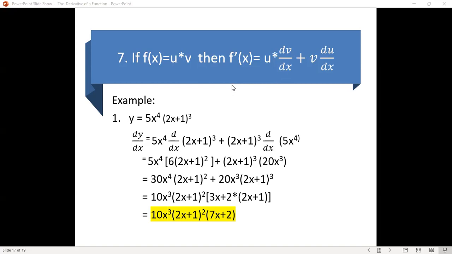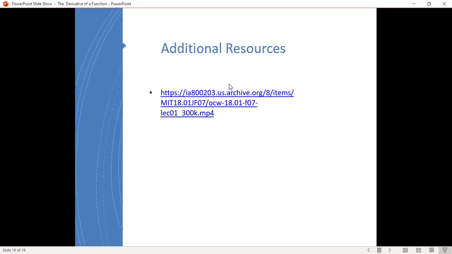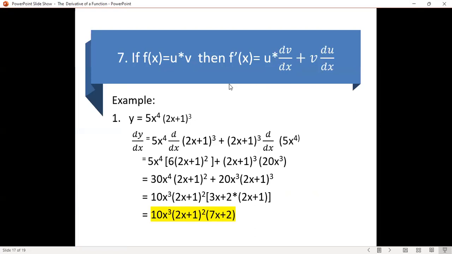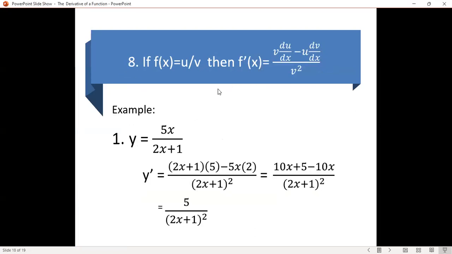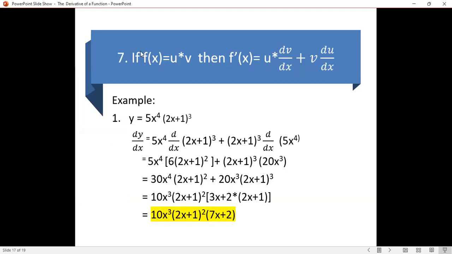So ganito siya. Okay, so u, nagmo-move pala kasi. Okay. So ang u natin, our u is 5x to the fourth. Our v is 2x plus 1 cubed. So our du is 5 times 4, that's 20x cubed.